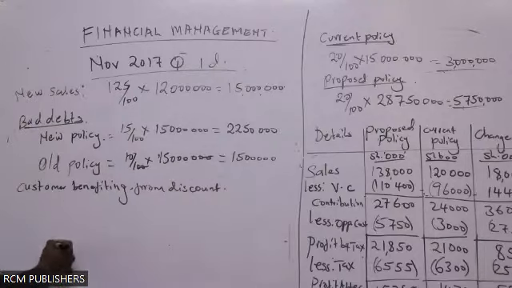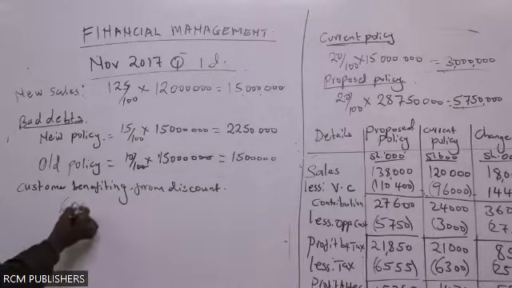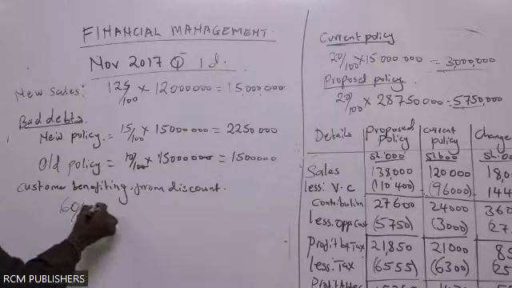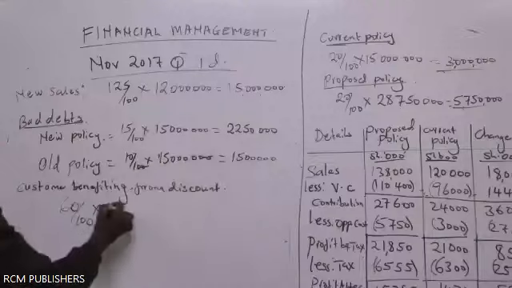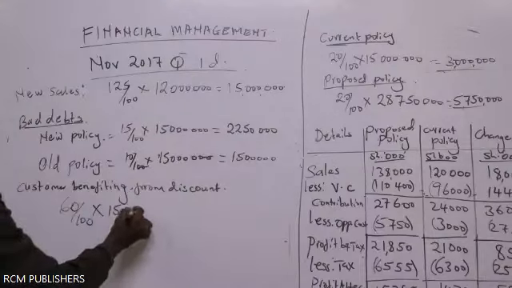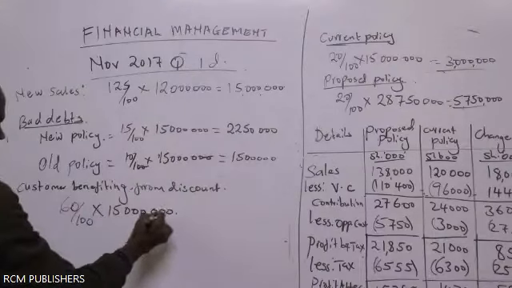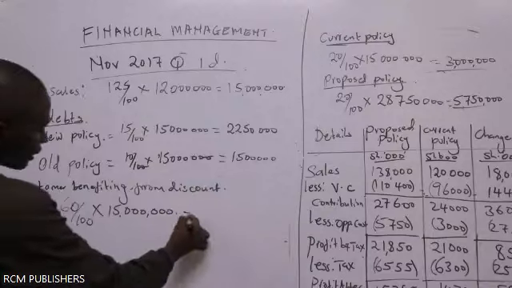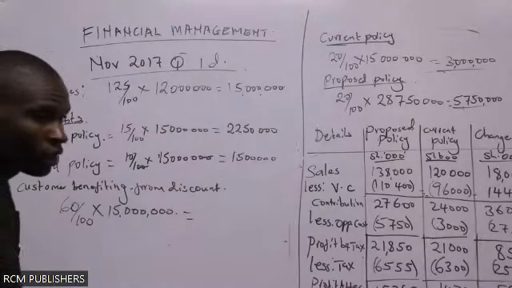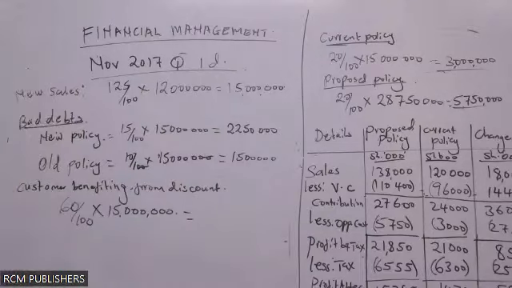Therefore, how many customers will they be? 60 over 100. It's like 60% of our sales who benefit. Because of that it will be like an expense. Discount is like an expense. We have given it, but still it's making them pay. Customers who will not benefit from the discount offer, let's see.